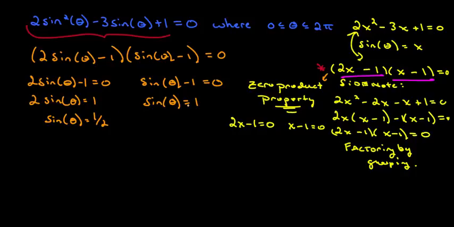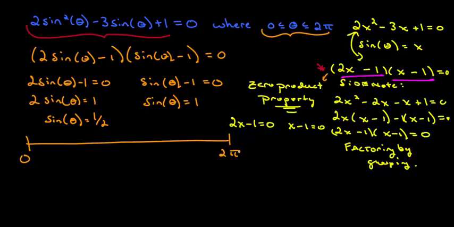So now we start grabbing angles that work on the interval 0 to 2 pi. Think about this in terms of your unit circle. First, sine is positive 1/2 at pi over 6 and 5 pi over 6. Those are the only two that fall between 0 and 2 pi.